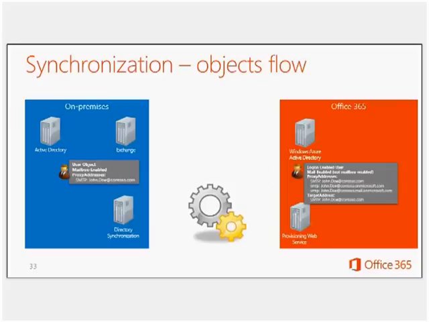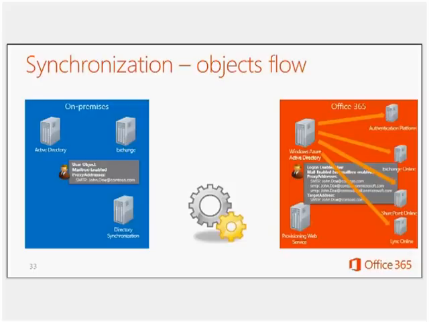You can see the SMTP address, and then the base SMTP, the contoso.onmicrosoft and contoso.mail.onmicrosoft, which are proxy addresses, and then the target address is obviously john.doe@contoso.com. So that gets synchronized over and used for authentication for Exchange Online, SharePoint, and Lync Online.